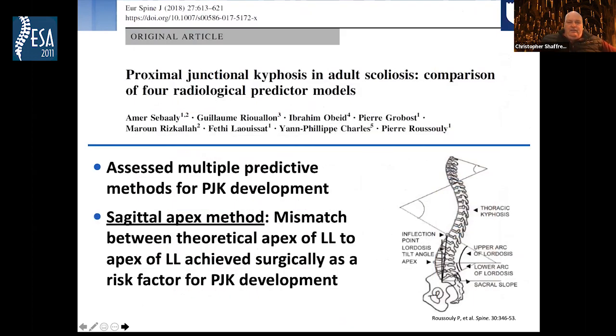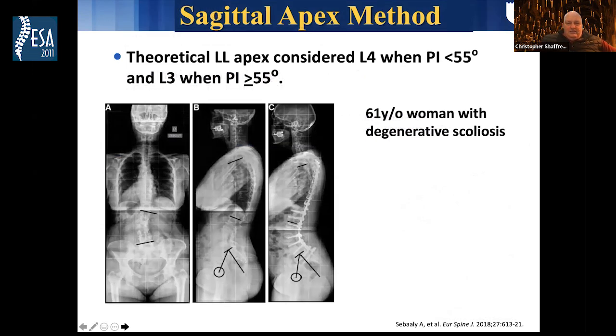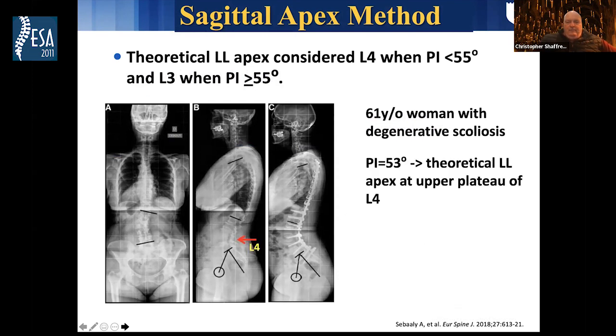And again, even in long fusions, as you can see in this case example from the ESSG's work, ideally by GAP analysis, the apex of the lordosis should be at L4. It was at L2, and that PJK developed in relationship to this occurring.